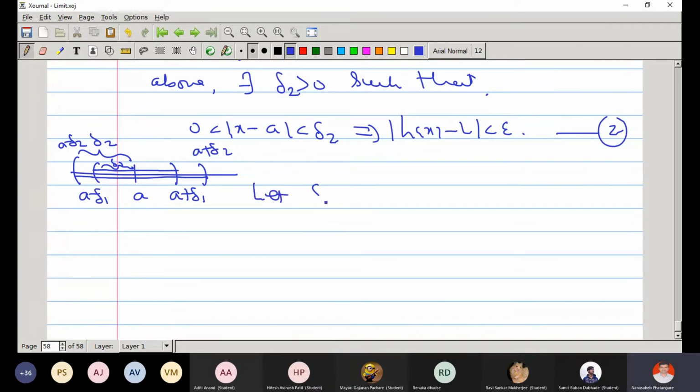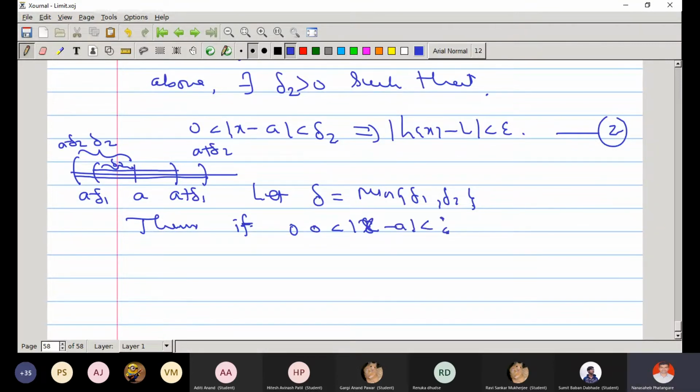So what should be the required delta? The minimum of both, delta 1 and delta 2. Right. For the minimum delta, both are true. Then if the distance of x from a is less than delta, what happens?